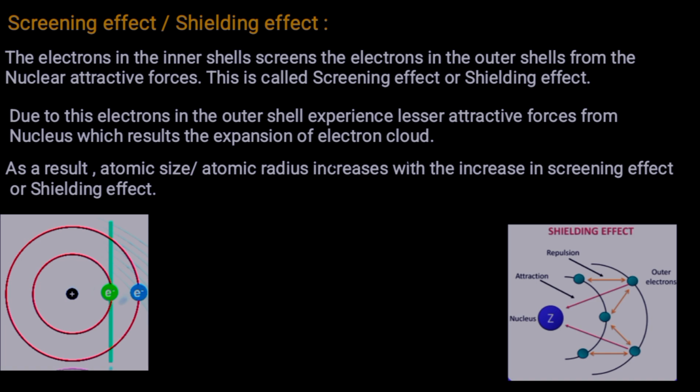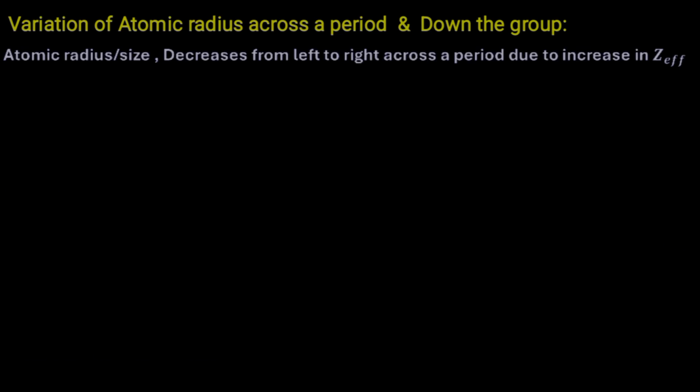Inner electrons are strongly attracted by the nucleus, whereas inner electron and outer electron repulsions are shown, and outer electrons are kept away by the inner electrons from the nucleus. This is the second picture. So what is the relation between screening effect and atomic radius? Screening effect is directly proportional to atomic radius. Very good.